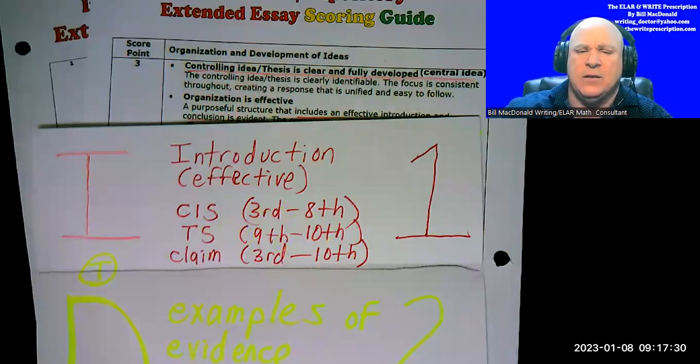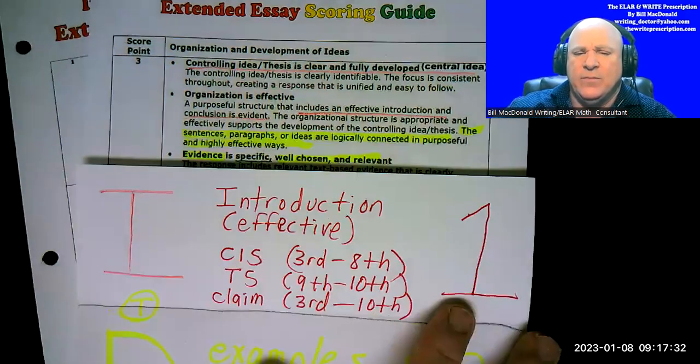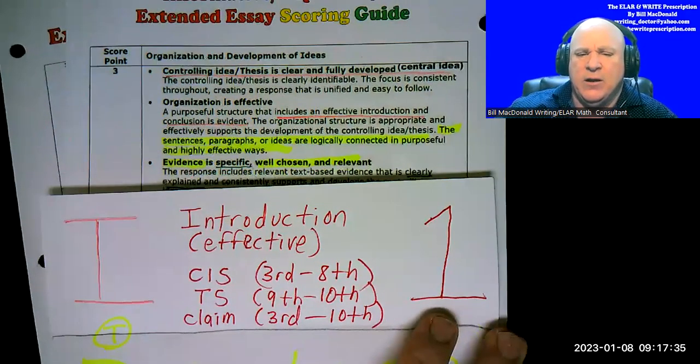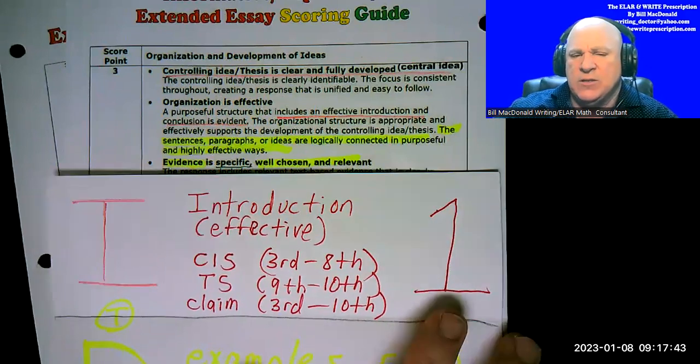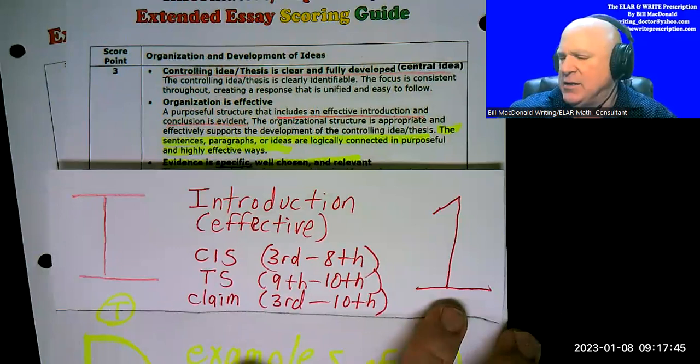The next thing it says, we have in yellow, the sentences, paragraphs, ideas are logically connected in purposeful, meaningful ways. What does that mean? That as you transition, everything ties together.